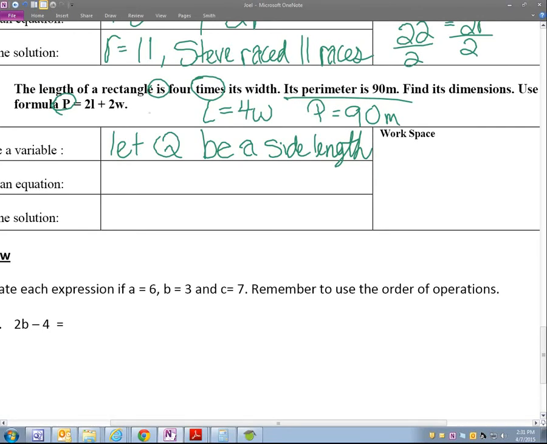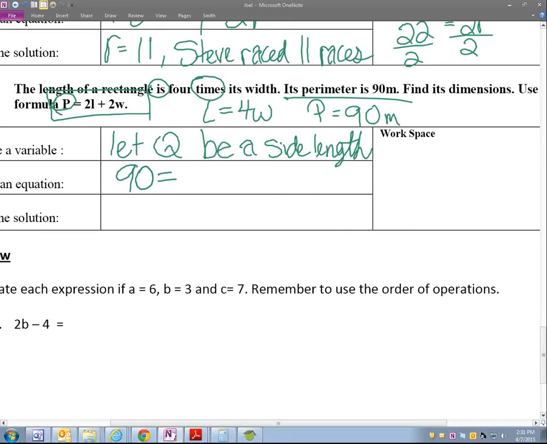So I'm going to use this formula here, and I'm going to create that equation, because we know a couple of those variables now. What is P? Perimeter. And what's the perimeter? 90. So 90 equals 2L. Now, wouldn't we have 4W?